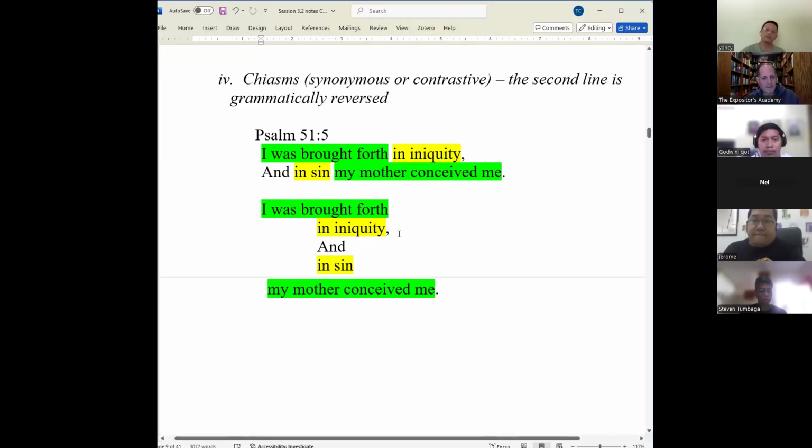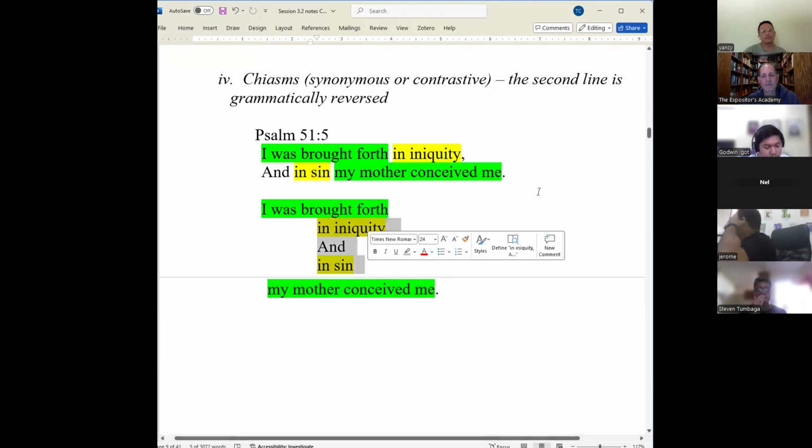And so in this example, we can see David is focusing on sin and iniquity, his sin, his iniquity, as a point of emphasis, like I'm a sinner. He said, I was born, brought forth in iniquity, in sin my mother conceived me, but the focus here is the sin, the iniquity.